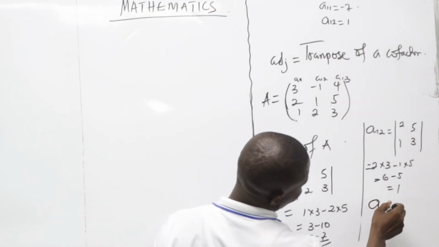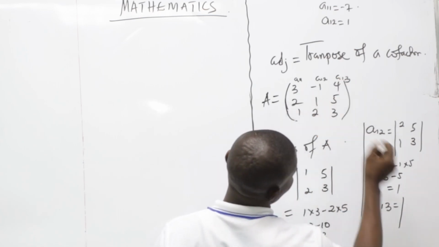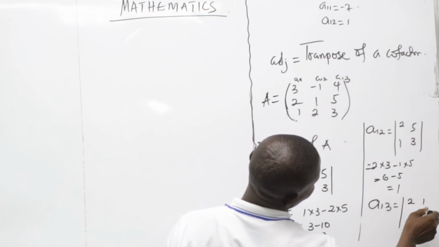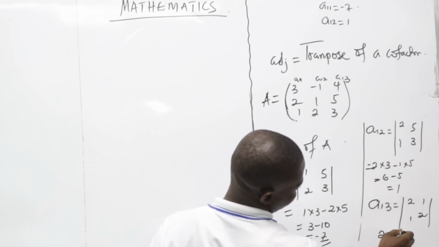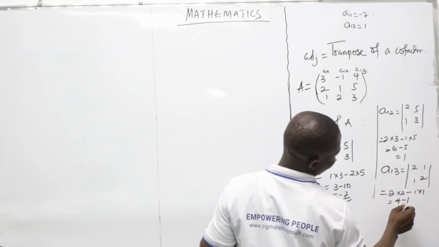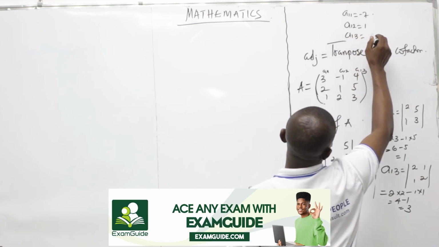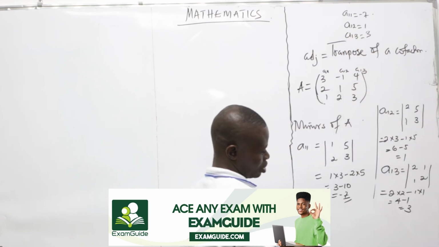Then A13 equals the determinant 2, 1, 1, 2. 2 times 2 minus 1 times 1 gives us 4 minus 1 equals 3. A13 equals 3. We are done with that.